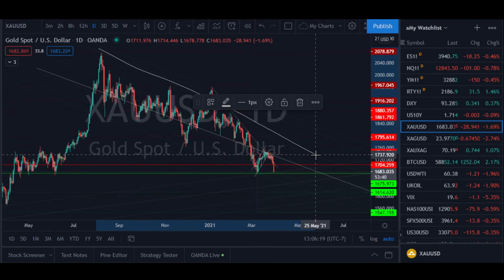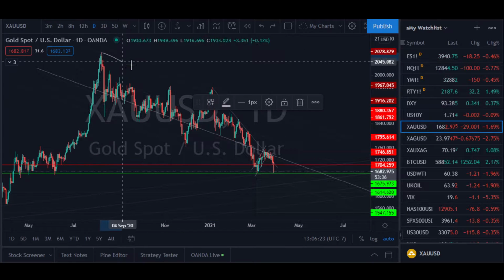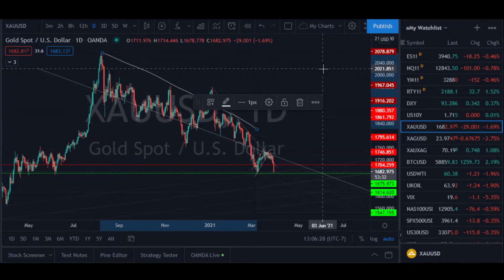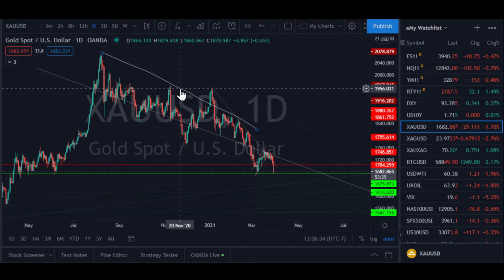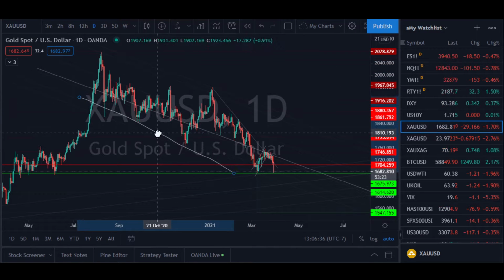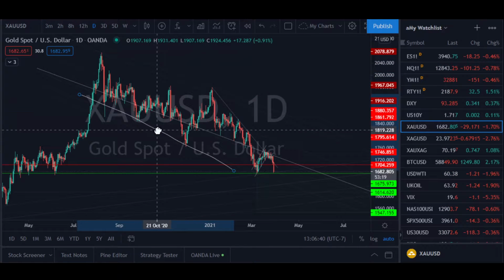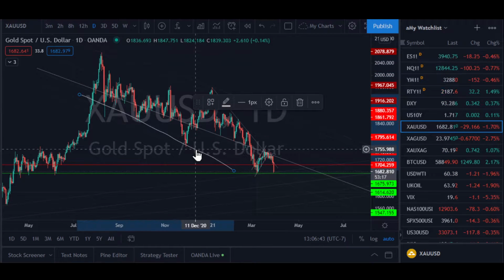They're connecting this peak along here like this. It's kind of bad, but you can see that a lot of people are doing it that way because you have the touches there, and then you have the touches here, here, and here on the bottom.